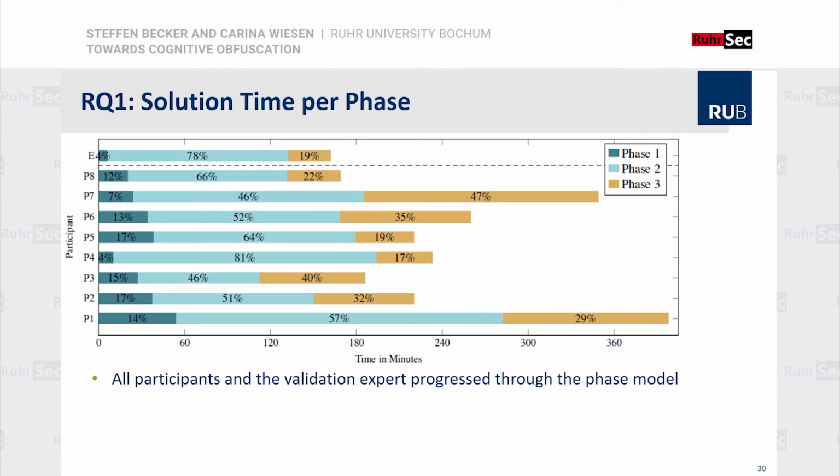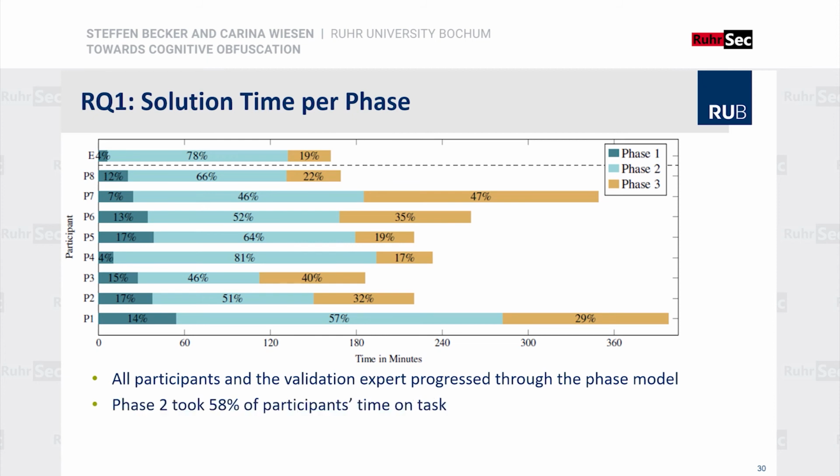In research question 1, we were interested if those phases could be detected during the hardware reverse engineering processes of our participants, and if yes, which phases would be the crucial ones. As shown in this figure, all participants, including the expert, progressed through the assumed phase model with a total solution time between 3 and 6.5 hours.